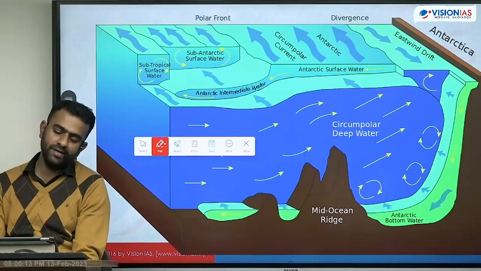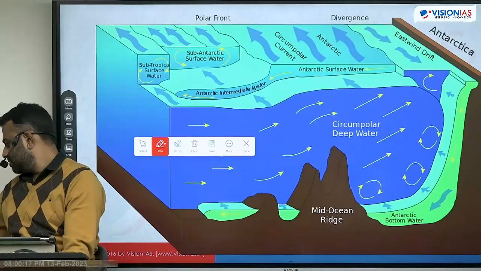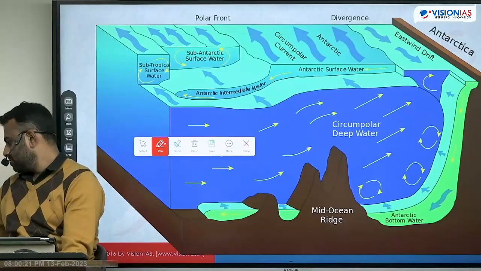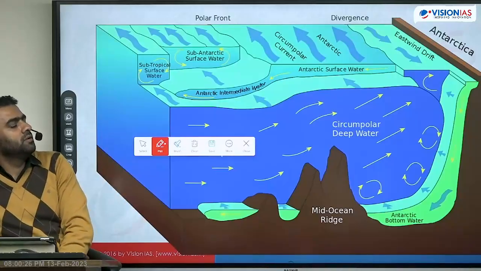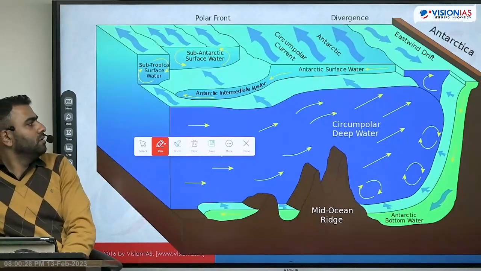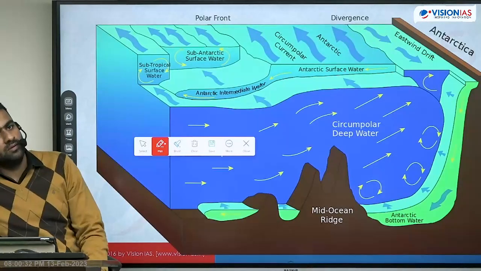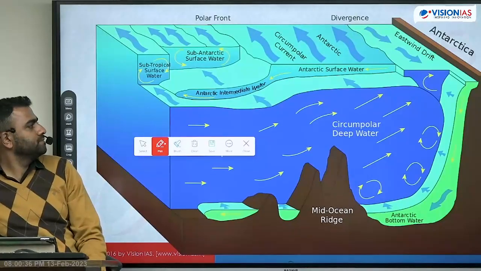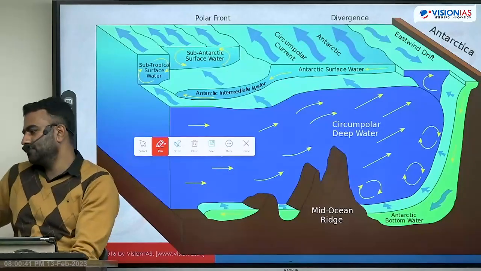Second one, intermediate water mass, example, subtropical intermediate water mass of Atlantic Ocean.